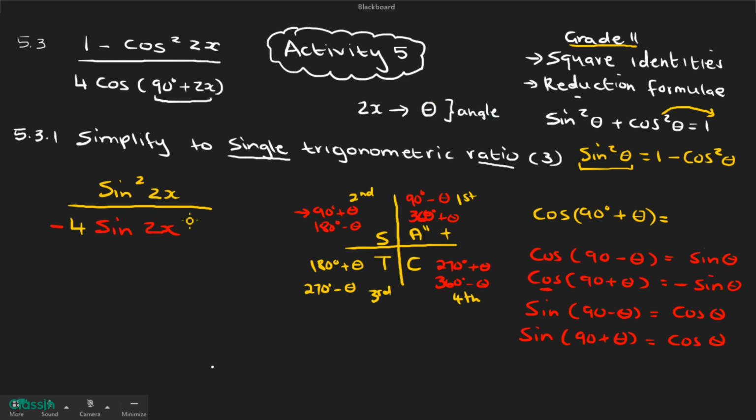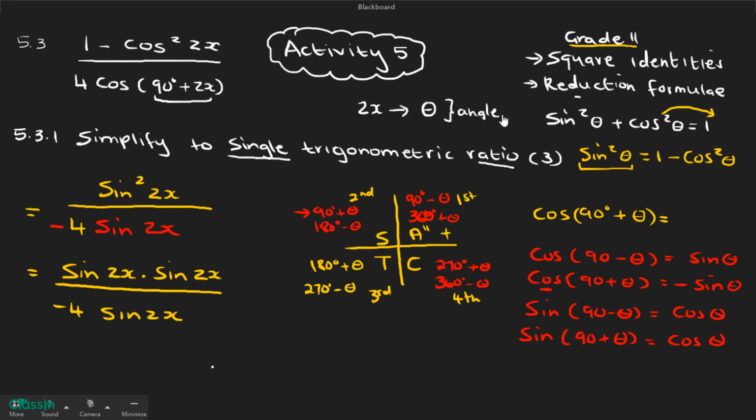So once we have that, it means that we can simply say this is the same as sine 2x multiplied by sine 2x, all divided by negative 4 sine 2x.